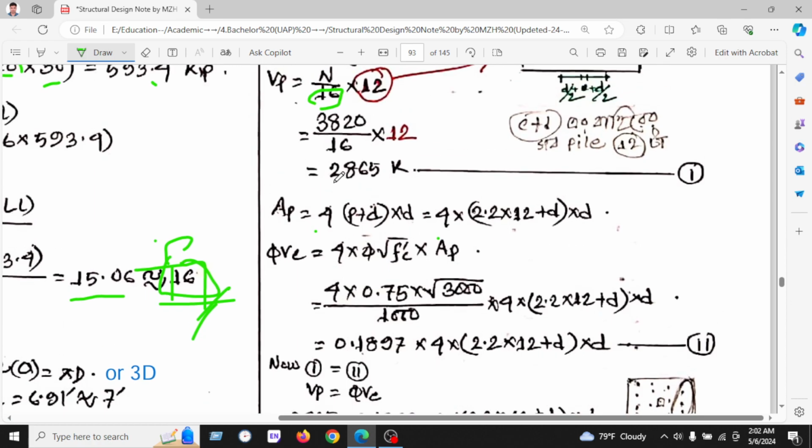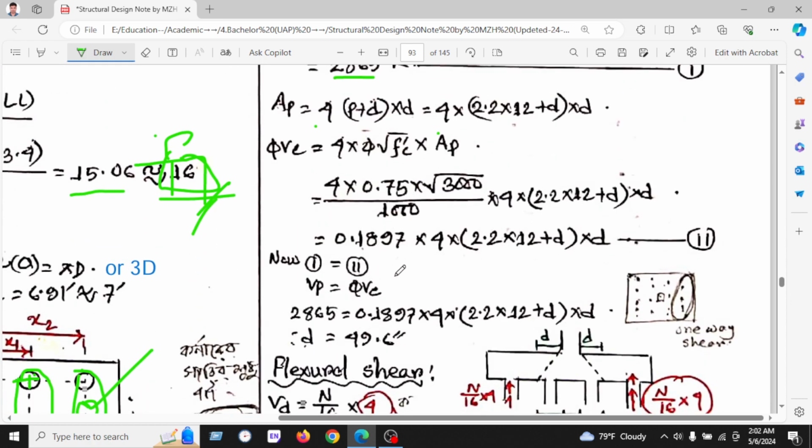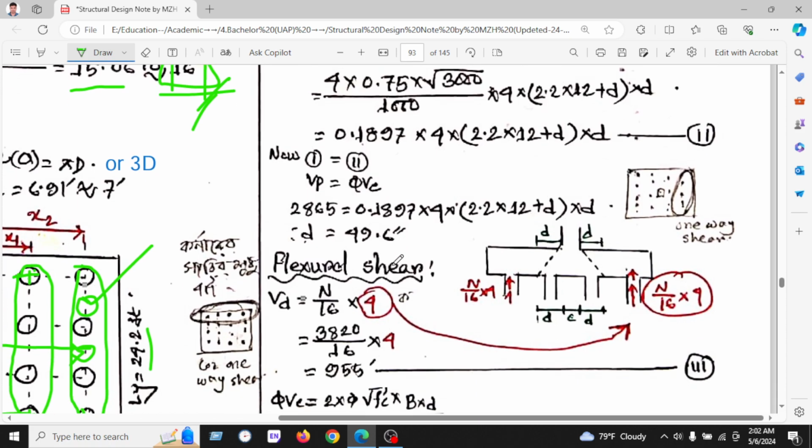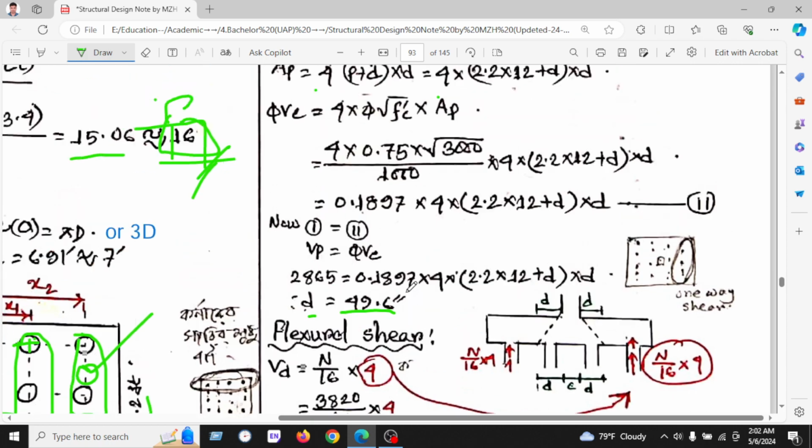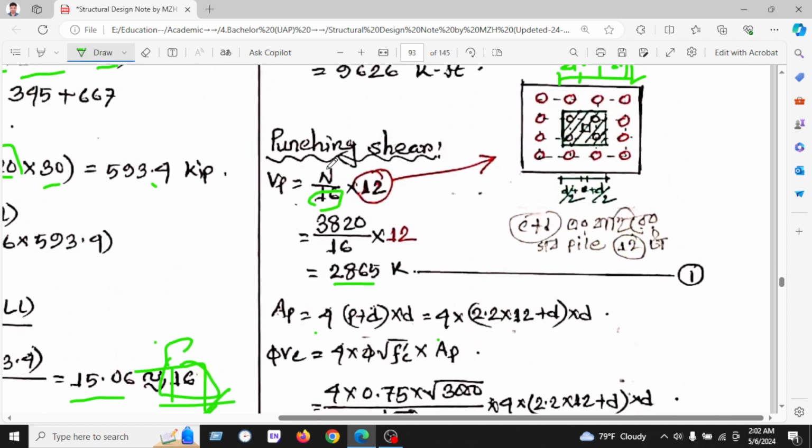Comparing the first and second equations, we found the minimum depth of the pile cap needed is 49.6 inches. Okay, it is found from punching shear.